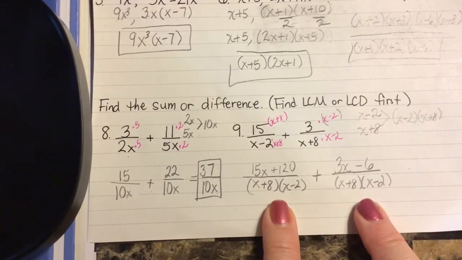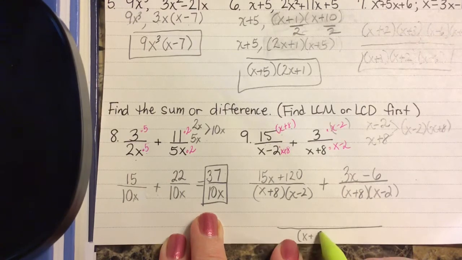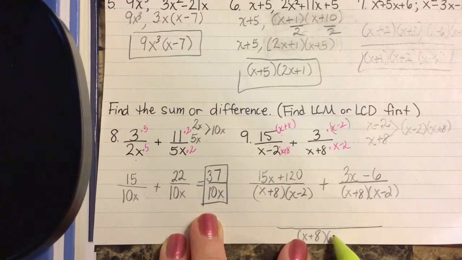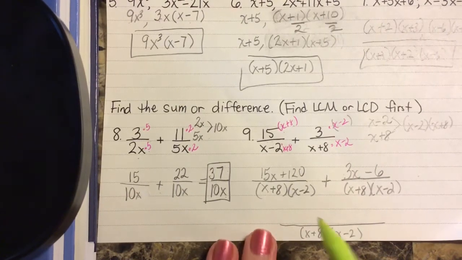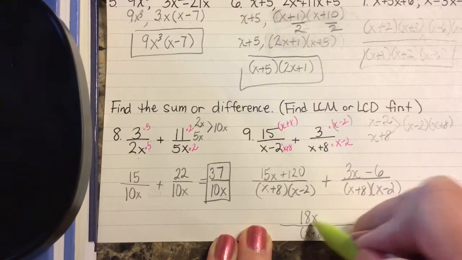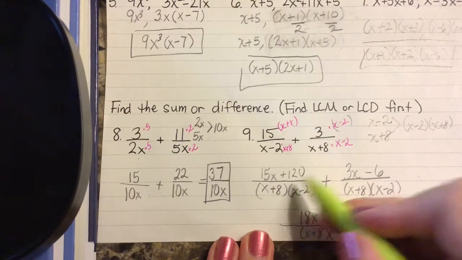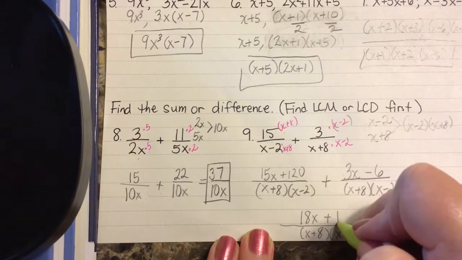Now I have a common denominator. That common denominator is x plus 8 times x minus 2. Now combine like terms in the numerator. 15x plus 3x is 18x. And 120 minus 6, positive 114.